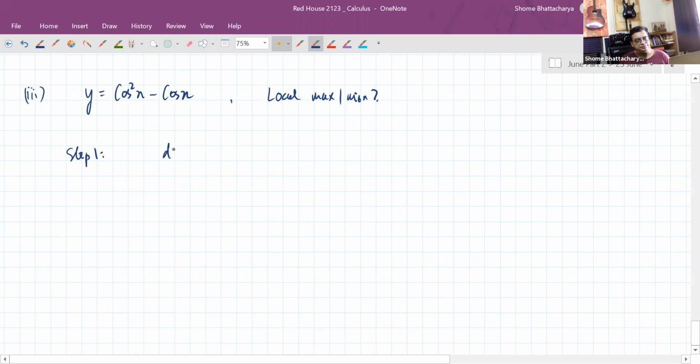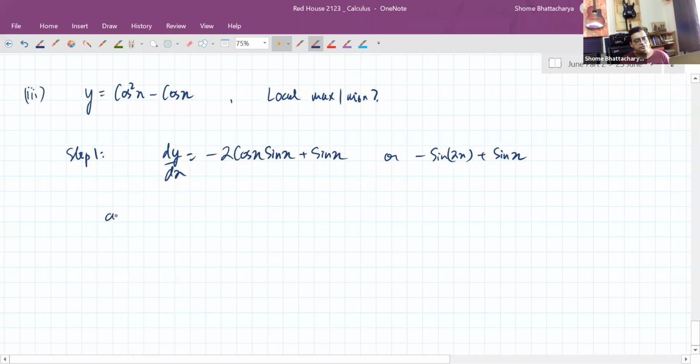So, step one, differentiate this function. The differentiation of cos x will become minus 2 cos x sin x, and the differentiation of cos x is minus sin x. So we can also write this as minus sin 2x plus sin x.